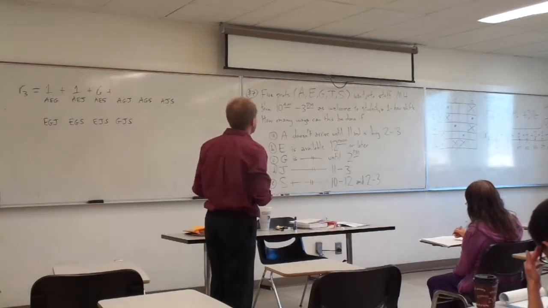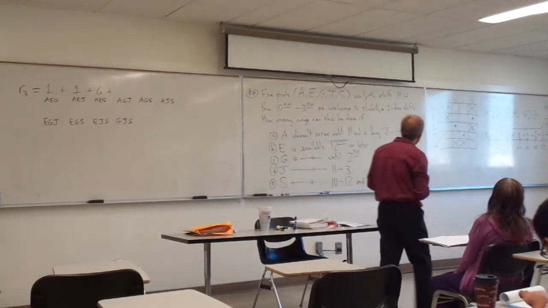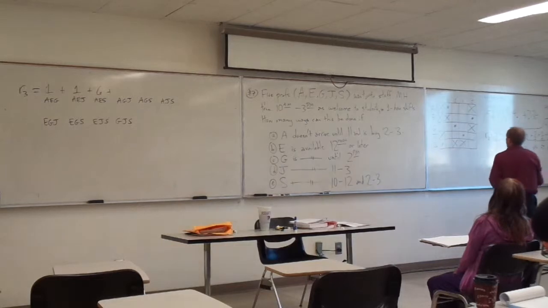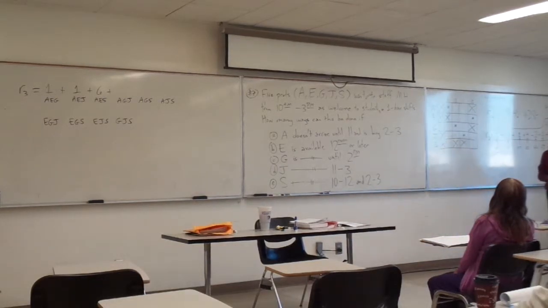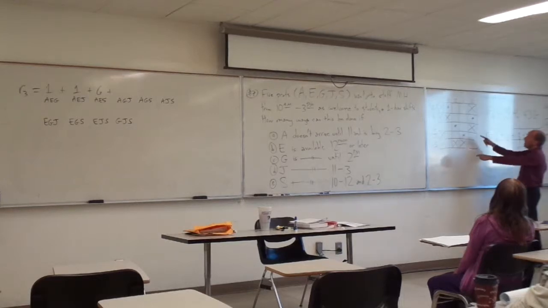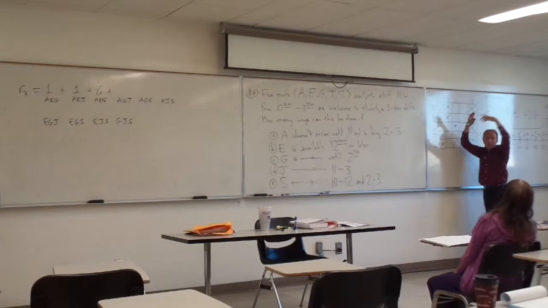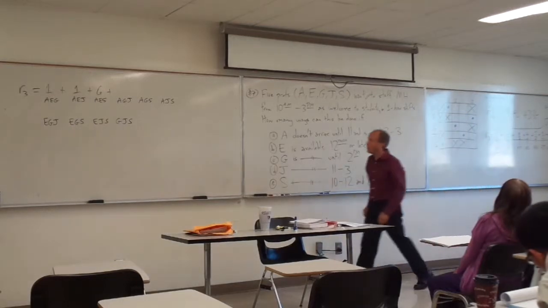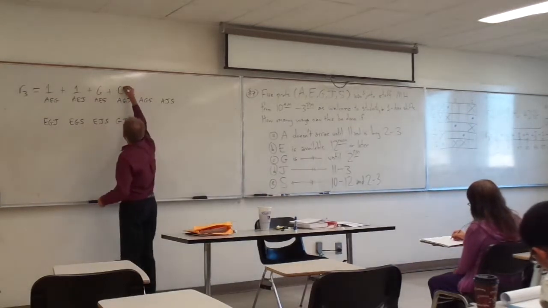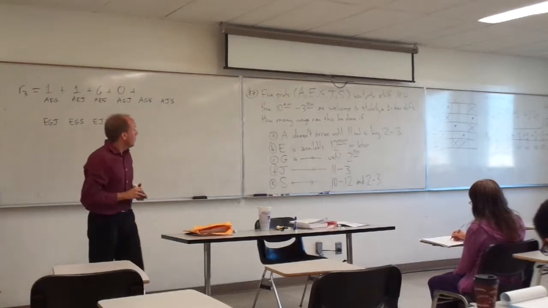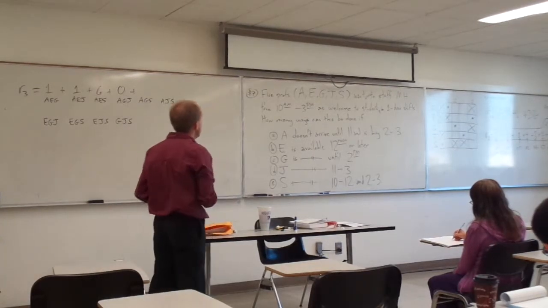How about, let's see, AGJ. Yeah, 0, right? Because with the G and the J, you have to choose these x's, which means in the first row, the x's are in those positions, so you can't choose them again. That would be 0. AGS.